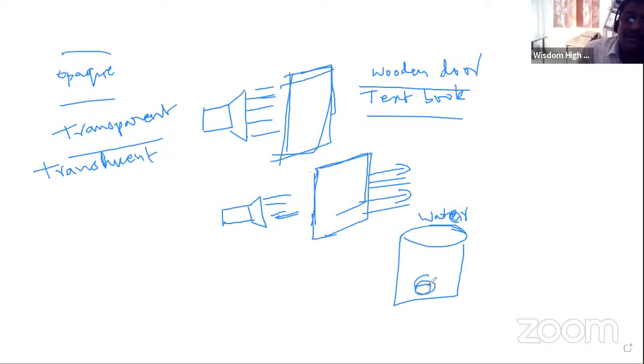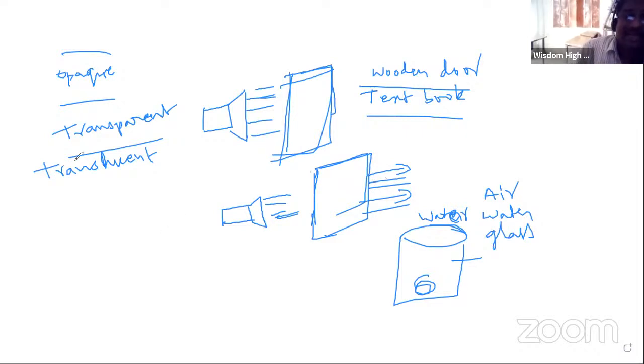You can see the coin very clearly. Why? What is the reason? That is a transparent body. Air is a transparent body. Okay, water. Next, glass. These are said to be transparent bodies.